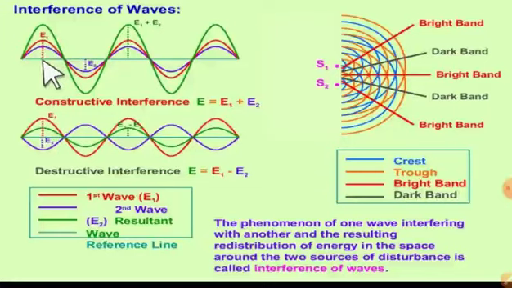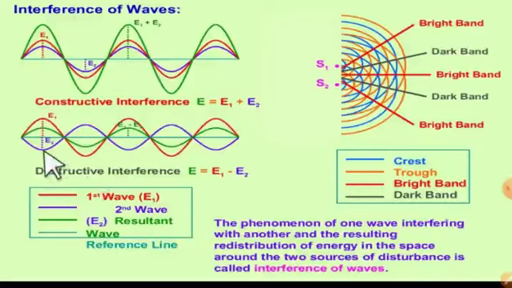And so the resultant wave will have more amplitude. Such type of interference we call constructive interference. Got it? The amplitude of the resulting wave due to constructive interference is denoted by E1 plus E2.